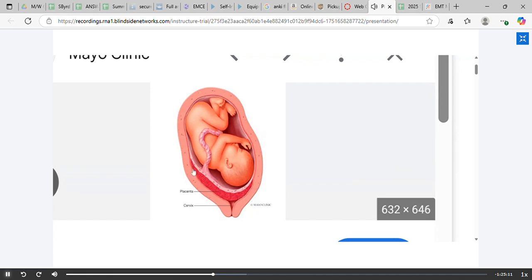If that's the case, placenta previa, then during the early signs of labor, as this cervix is starting to dilate, the placenta right here is going to start to bleed, okay? And that's why you see that bright red vaginal bleeding. But it's painless because it's the placenta that's bleeding and it's not the mom, okay?